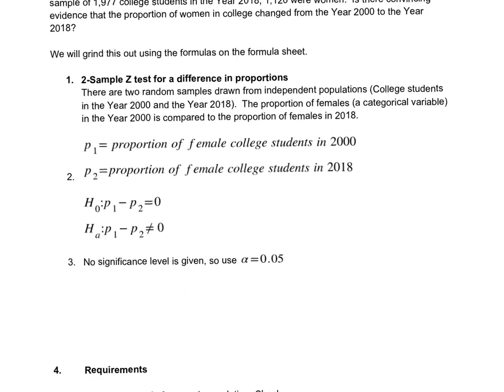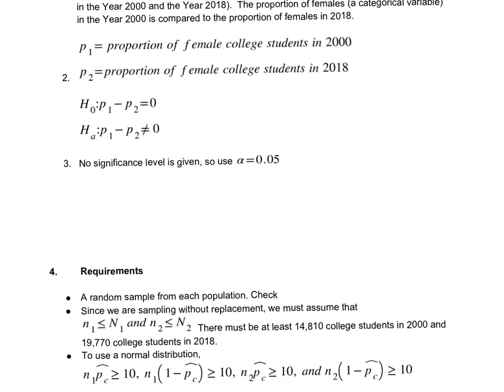We state our null and our alternative hypotheses. The null hypothesis is that the difference in the population proportions is 0. In other words, we are going to assume that there is no difference between these two years in the proportion of college students who are women.